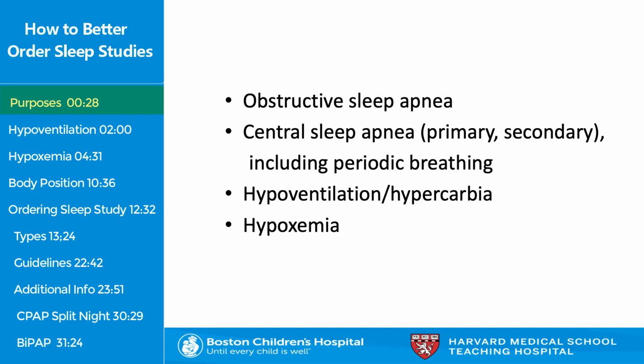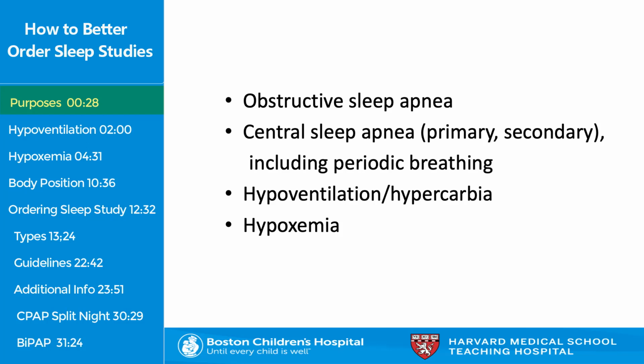These include obstructive sleep apnea, central sleep apnea, which can either be primary or secondary, primary being because of an underlying disorder in control of breathing, secondary being either because of an acute physiologic state, such as consumption of medications which suppress the drive to breathe, or because of varied physiology, which I'll address in a little bit, as well as periodic breathing. They can help identify hypoventilation or hypercarbia, and they can identify hypoxemia.